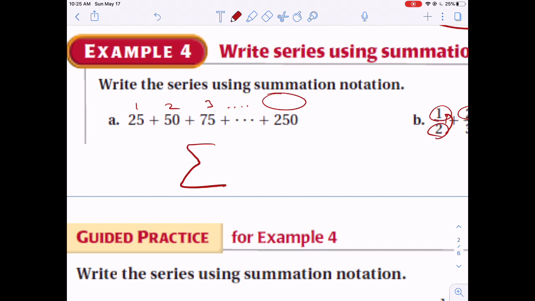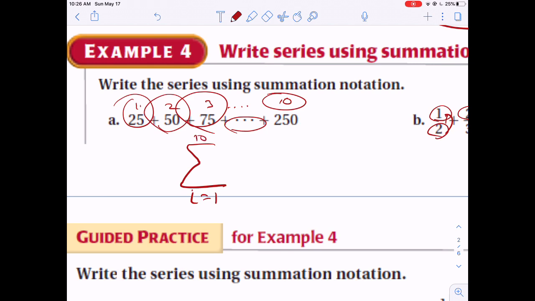It's not infinity, even though you see these dots here, it's going to an end value. It looks to me like it's going to be 25 times 10, because each of these numbers is times 25. 1 times 25, 2 times 25, 3 times 25. This is 10 times 25, right? Well, so then I'm going to be going from i equals 1, my first number, up to 10.